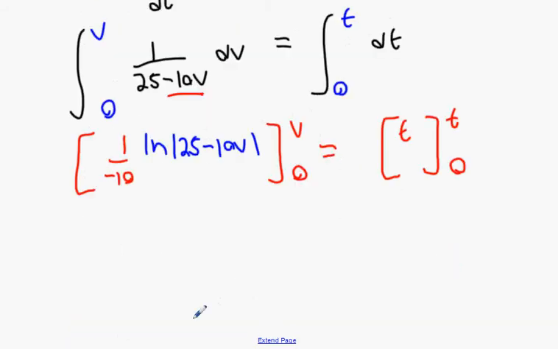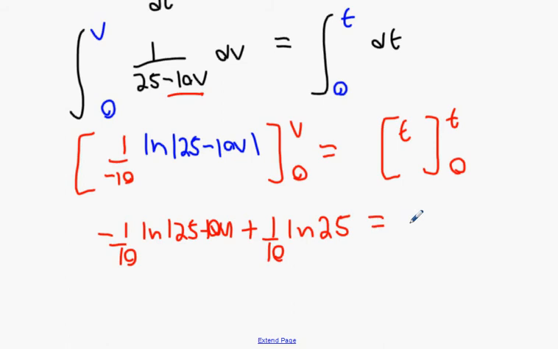Next thing we're going to do is work this out. It's going to be minus 1 over 10 ln of 25 minus 10v, minus, the minus a tenth becomes plus a tenth, ln 25, because v equals 0, and this all equals t.